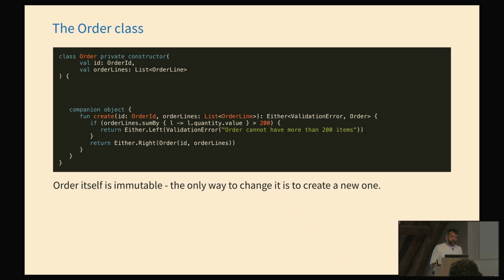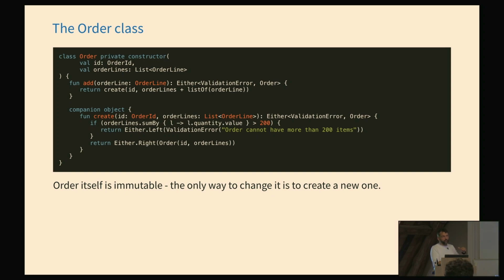I mentioned immutability. So for an order, which wraps these things, this is the domain object, not the DTO object. If we wanted to add a new order line to this, it would have to return a new version of an order where this order line has been added. And again, maybe we want to enforce the quantity not just on each of these lines, but on the order in total.